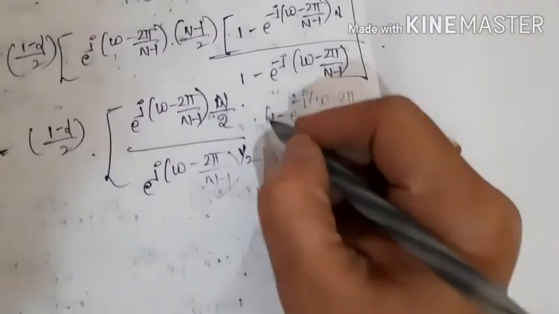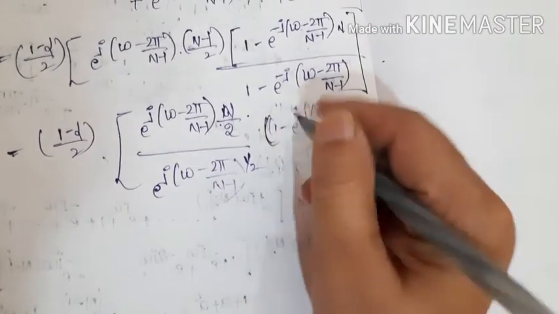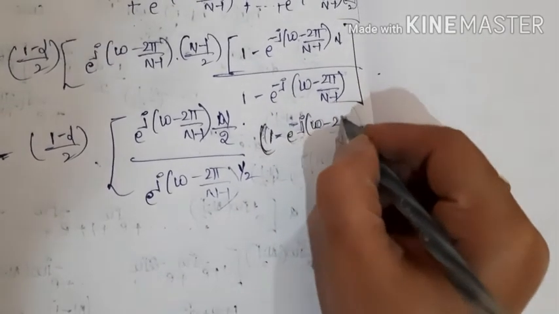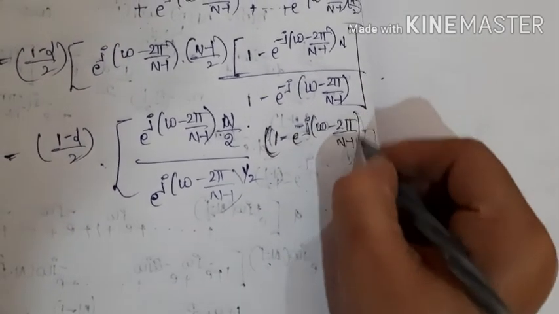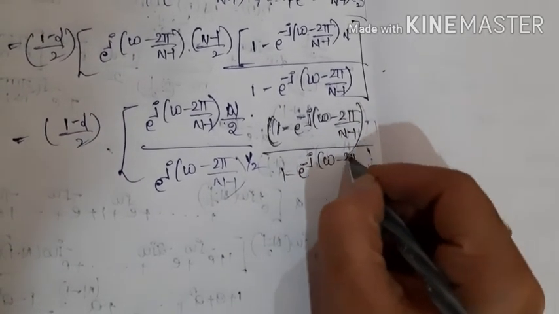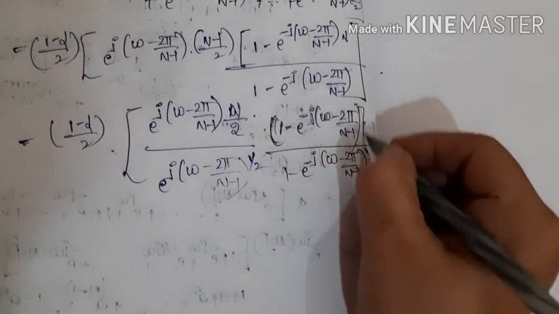We have here 1 minus e power minus j omega minus 2 pi by n minus 1 by 1 minus e power minus j omega minus 2 pi by n minus 1.